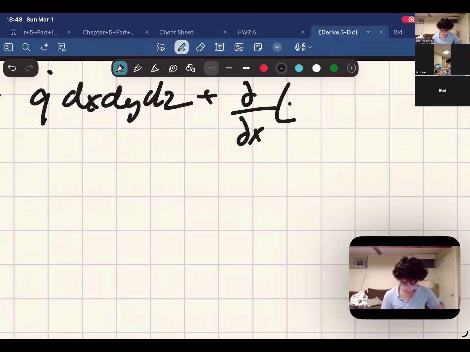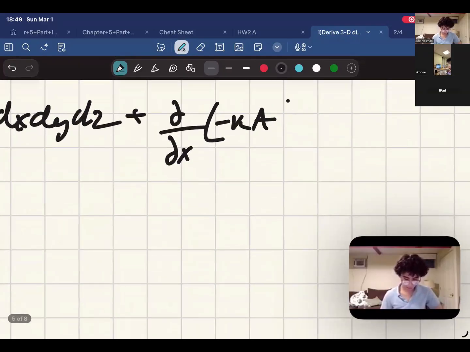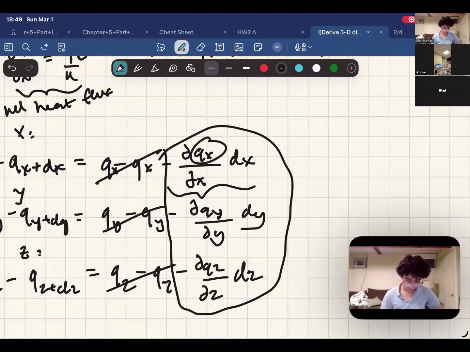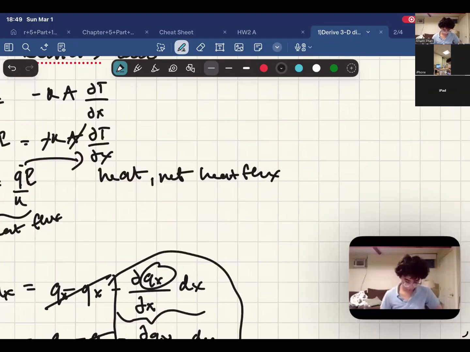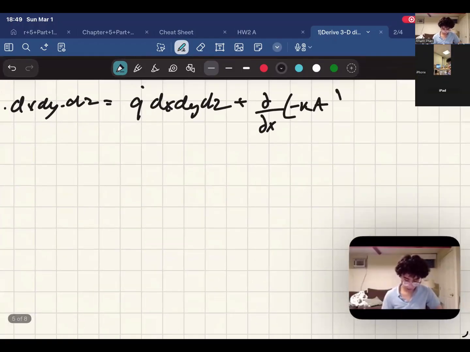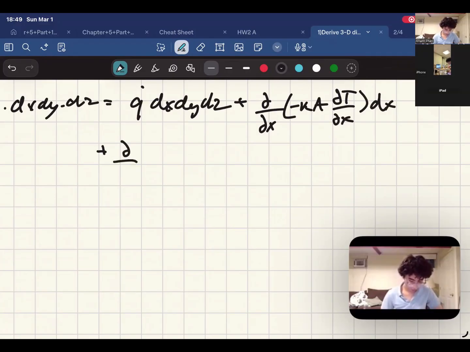So d over dx of negative kA dT over dx times the distance of x, because we're substituting q just like before by substituting Fourier's law. Plus, do the same for y and z as well.